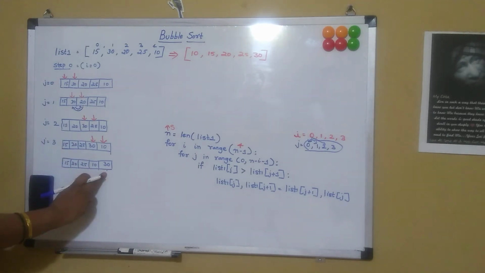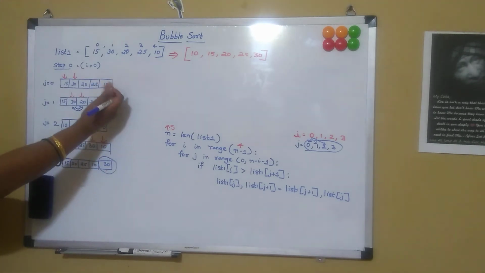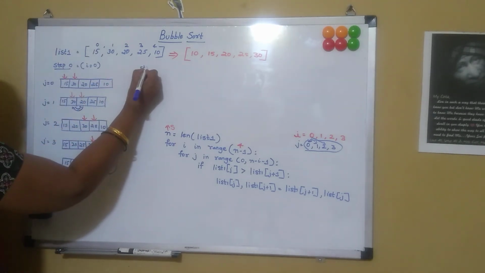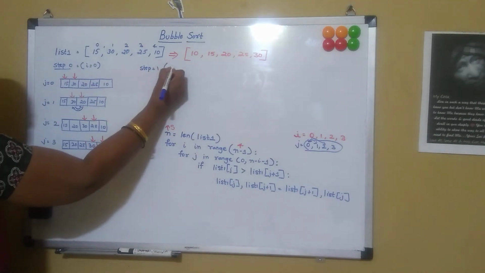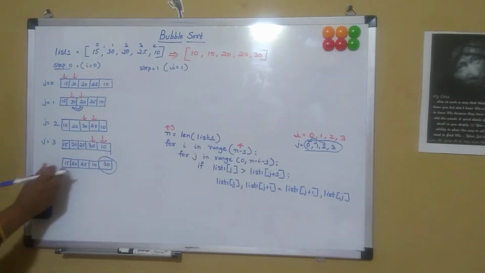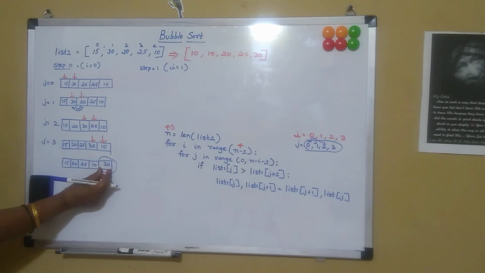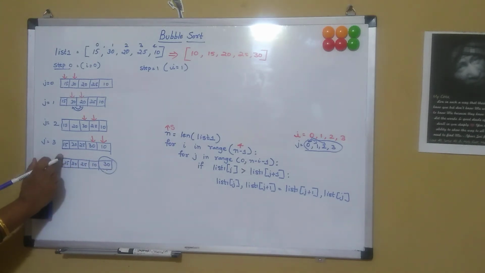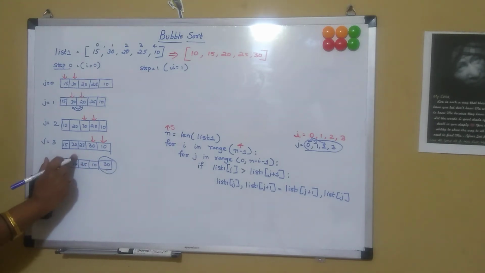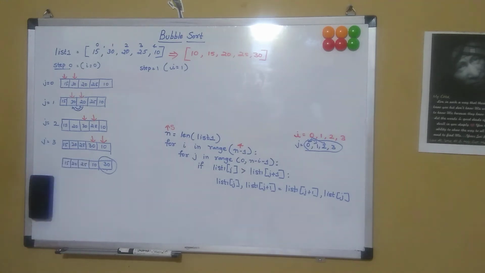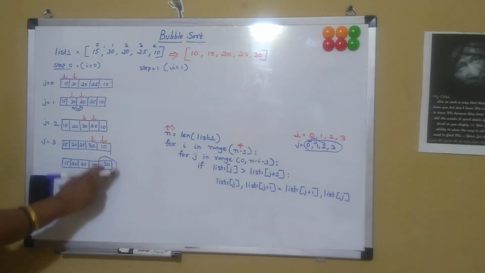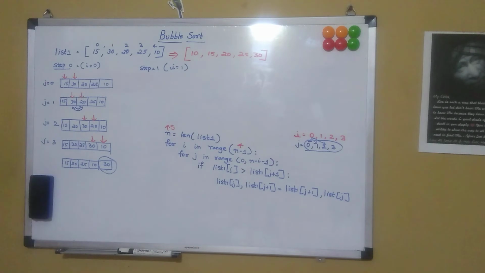So this particular value we need not swap anymore. So from the next iteration onwards, that is step 1, that is i equal to 1, we need not check 10 with 30. We have to check only 15 with 20, 20 with 25 and 25 with 10, because 30 has already been swapped and it is in the last position.